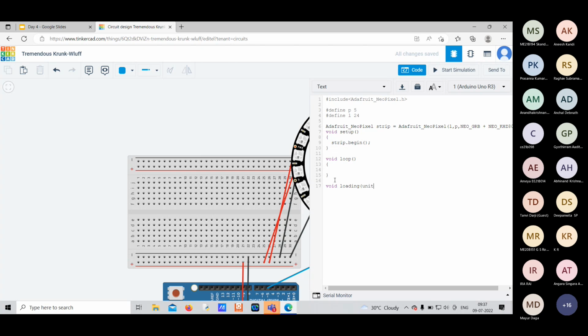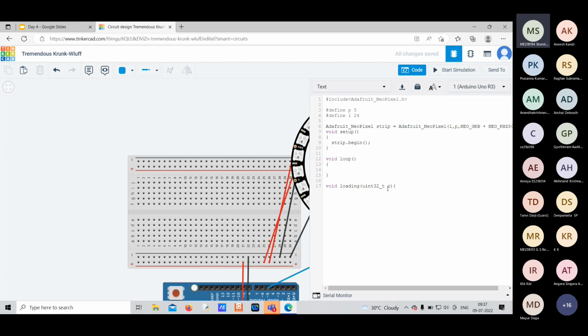uint32_t c. What the parameter that I've defined does is create a memory space of 4 bytes that takes in unsigned integers, basically any positive integer between 0 to 2 power 32 minus 1, and assigns it to c.